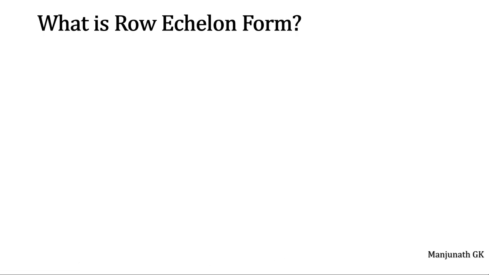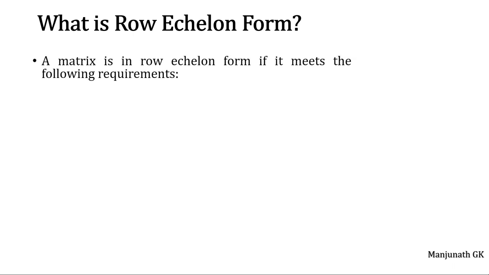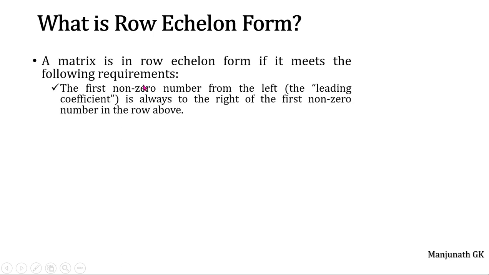What is the row echelon form that we have discussed? A matrix is in row echelon form if it meets the following requirements. We are revising the same thing once again here. The first non-zero number from the left is always to the right of the first non-zero number in the row above.